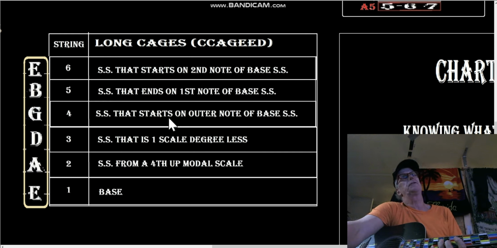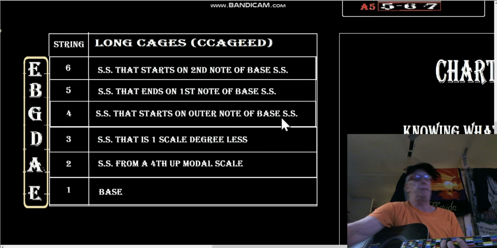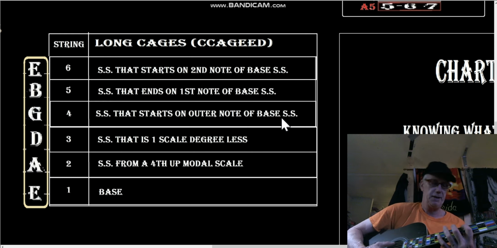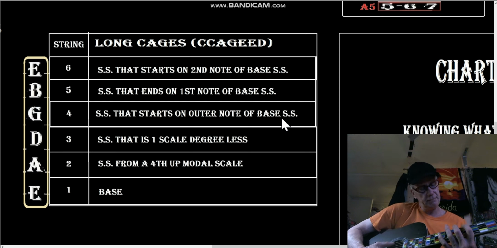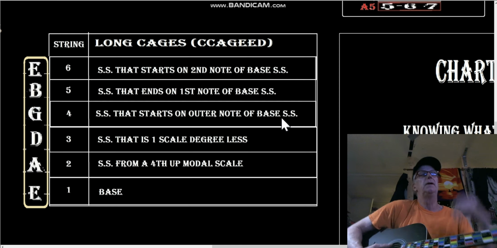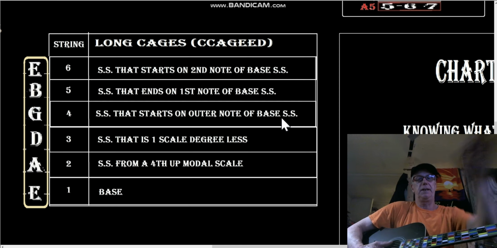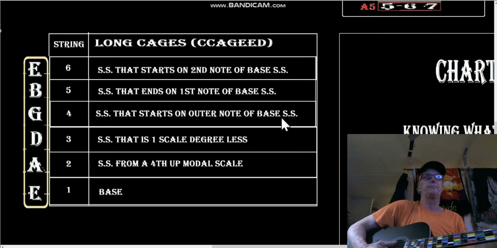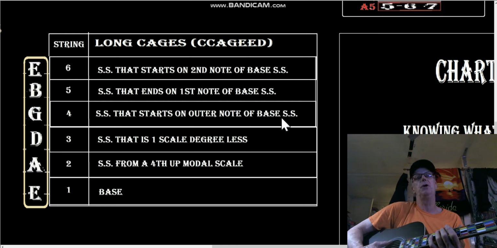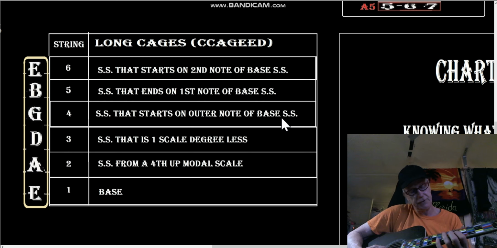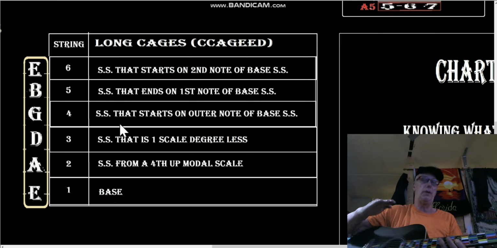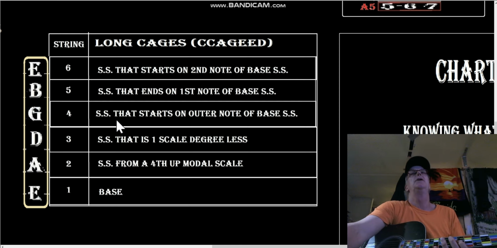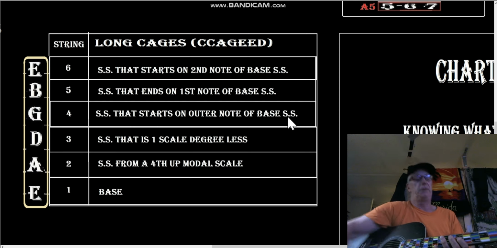String number 4 is a string shape that starts on the outer note of the bass string shape. The bass string shape's A, 5, 6, 7, or A, B, G, A, B, okay, in the key of C. So the outer note is the B, so the fourth is going to start on that B. This is the rule, and it's for all of them, no matter where you start: a string shape that starts on the outer note of the bass string shape.